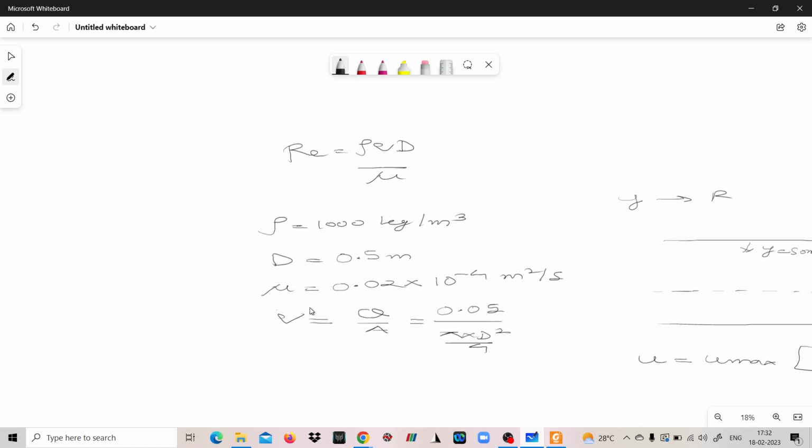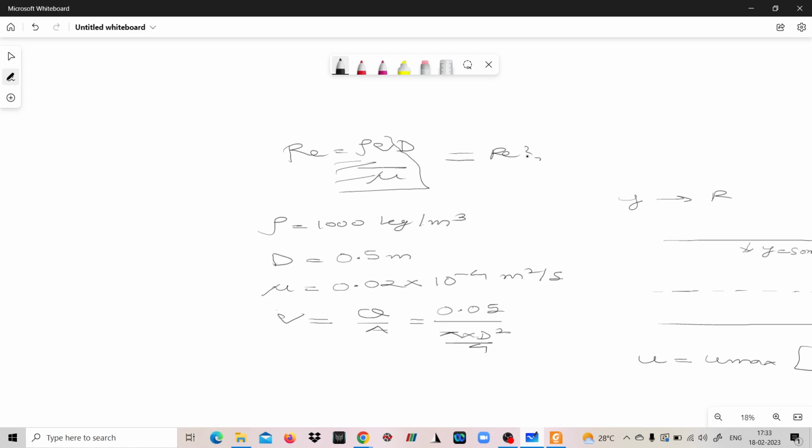So see, in order to determine the Reynolds number, all the parameters or all the variables are known to you. You just calculate v, you calculate mu, and then you put it in the equation for Reynolds number and tell me what is the value.